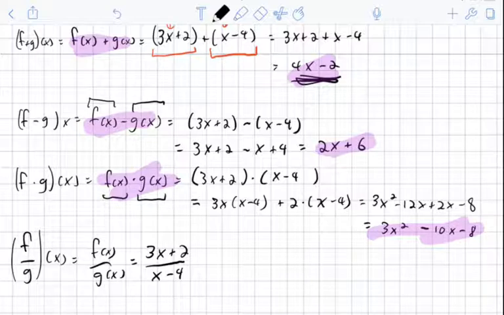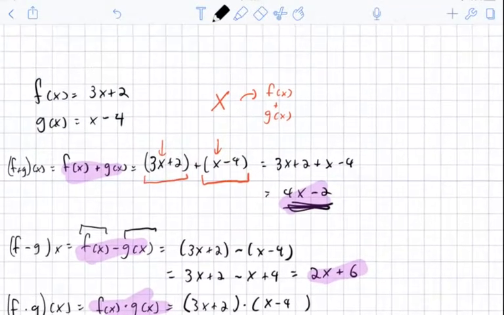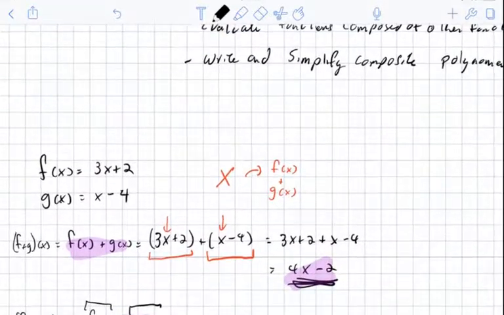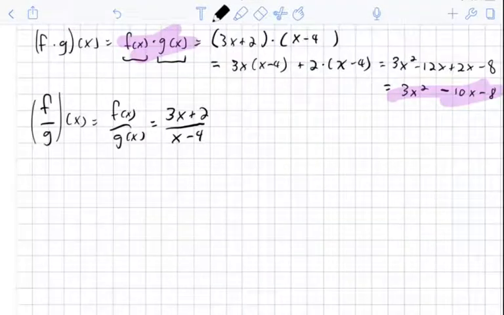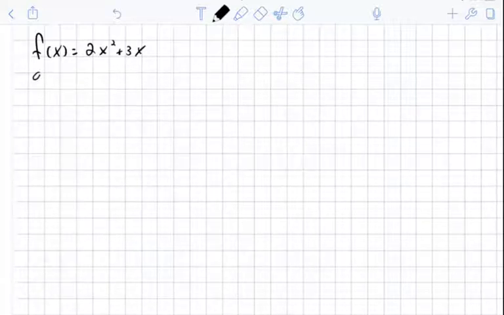Okay. So before we go any further, let's talk about how to evaluate them, just so that we can get this taken care of. Let's focus. I'll start a new one. f of x is equal to 2x squared plus 3x, and g of x is equal to, I don't know, 3x.